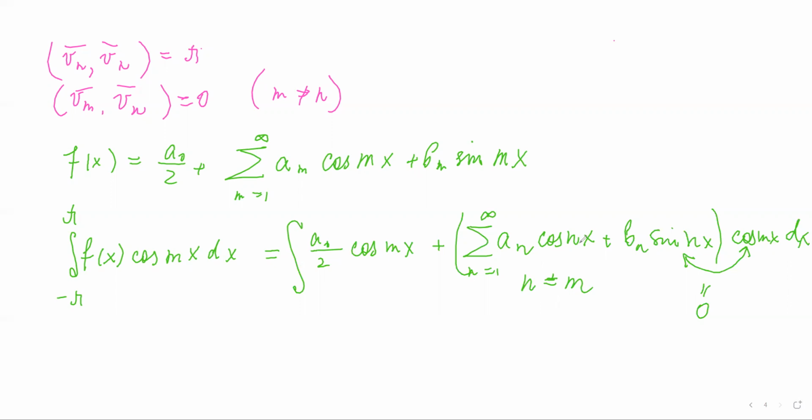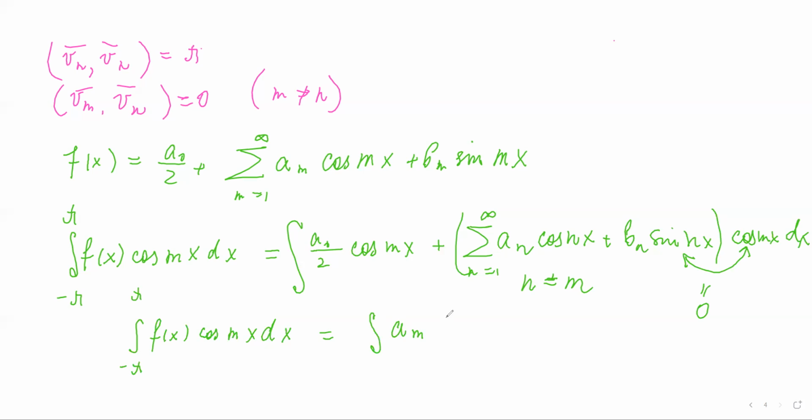Well, why don't I write it down? So the integral from negative pi to pi of f of x cosine of mx dx. And on this side, I'm just going to have the integral. Well, if n is equal to m, I'm going to just use m as my coefficient, am.